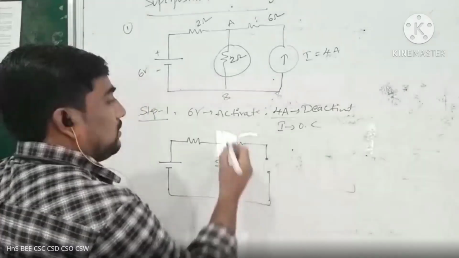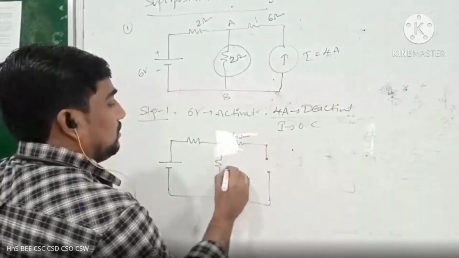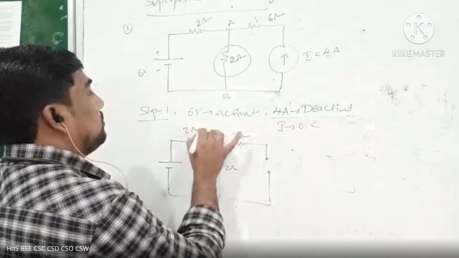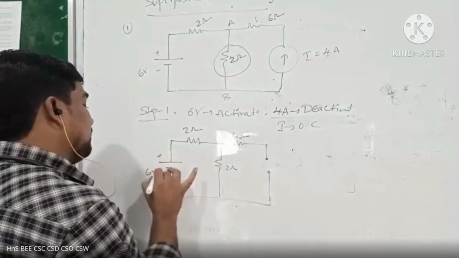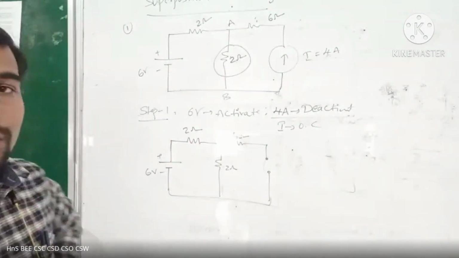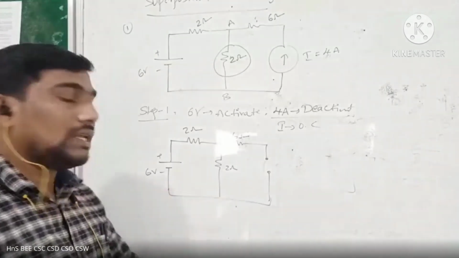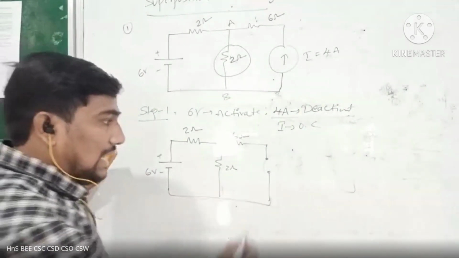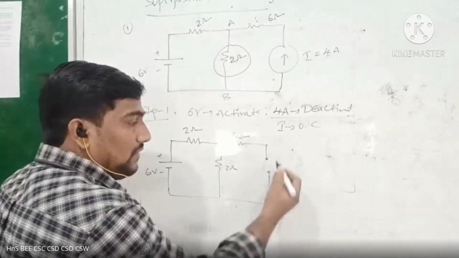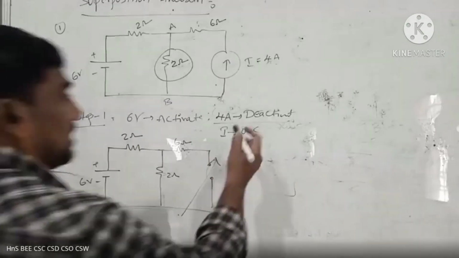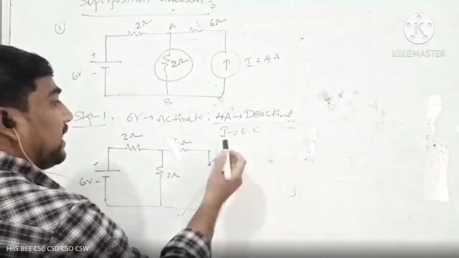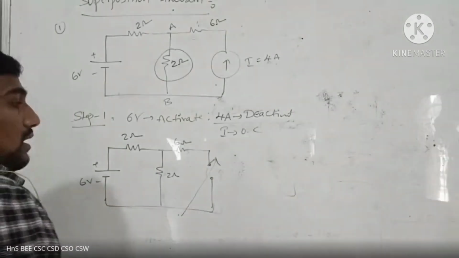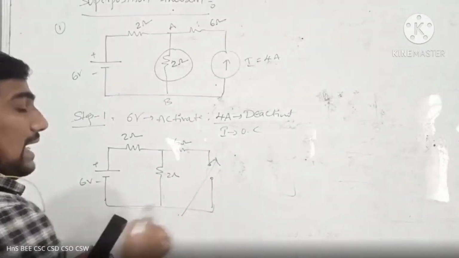These are 6 ohms, 2 ohms, and 2 ohms, with 6 volts. These are our step number 1 circuit. Sir, actually, in step number 1, the current source is open circuit. If it is open circuit, the current source is deactivated. That's why I'm taking it as open circuit. In our open circuit, the current is 0.